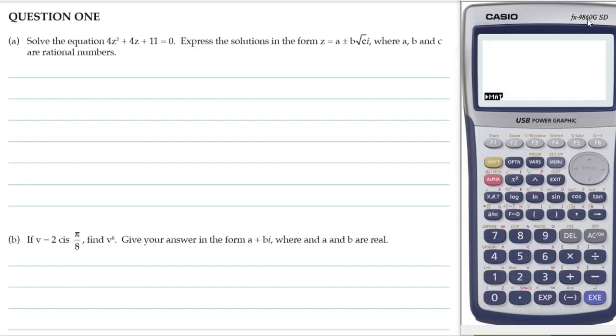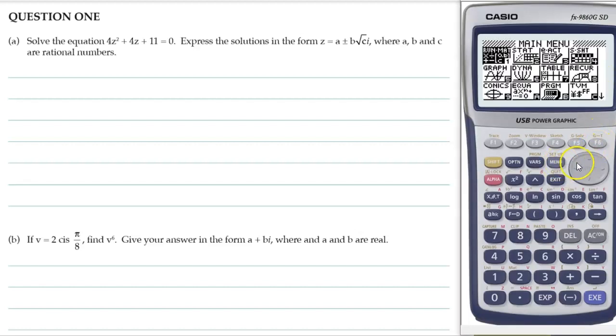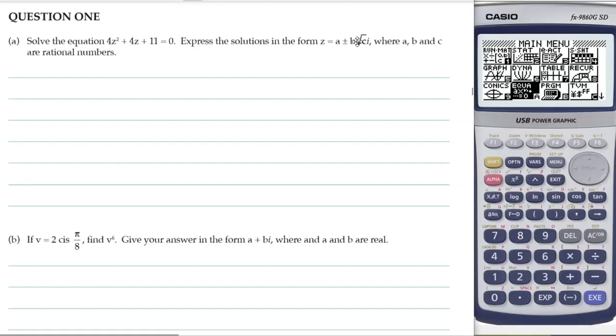But if you do have an updated calculator, you can go straight to the equation solver menu and solve that quadratic. If I try to do it on this one, it's going to give me a decimal answer where I need surds. So for my calculator, I have to do it by hand. But if you do have a newer calculator, then just use that for the achieved questions.